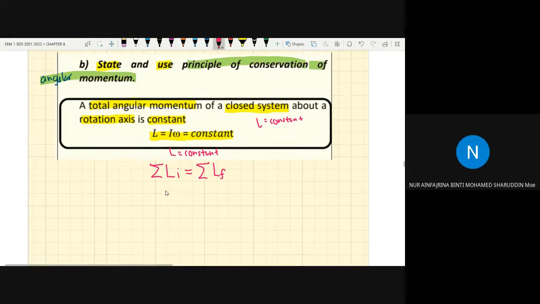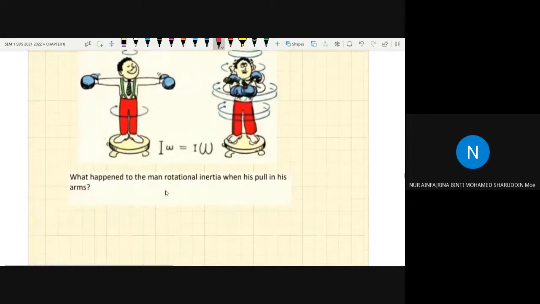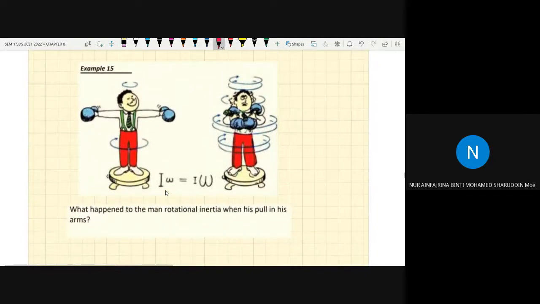Okay, let's look at the example. For this kind of question, dia macam explanation banyak sikit but I will explain to you. Okay, so look at this guy. Waktu ini dia punya arm, dia buka dia punya arms. So look at the arm, dia terbuka.